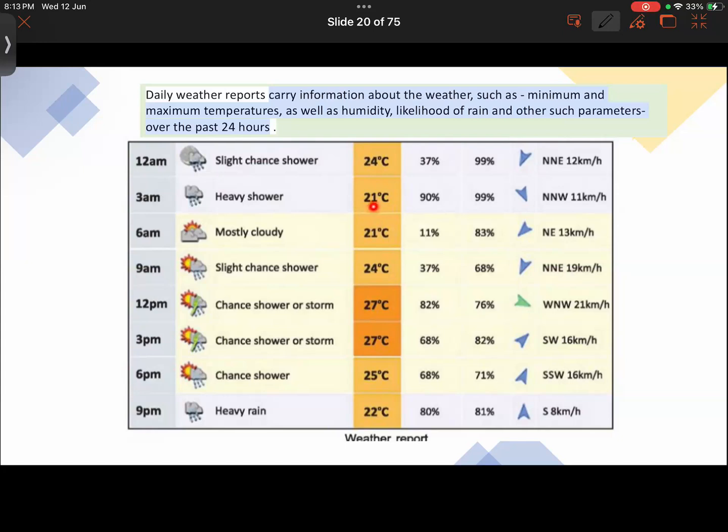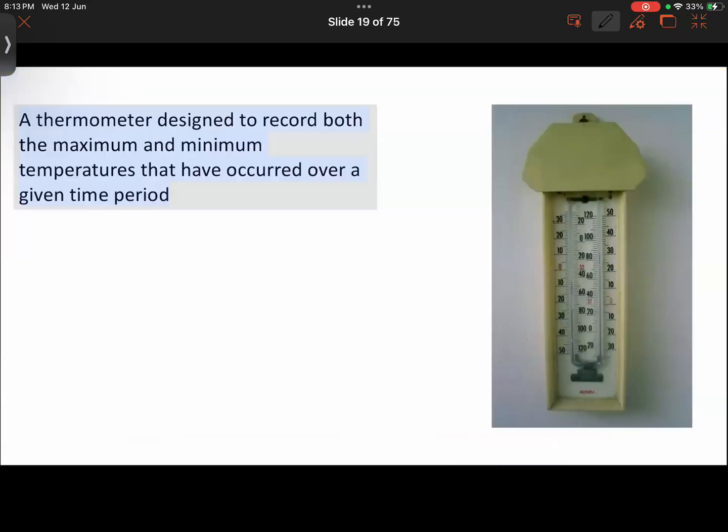The people who publish weather reports are called meteorologists. In weather forecasting, weather forecasters and meteorologists use a maximum and minimum thermometer like this.